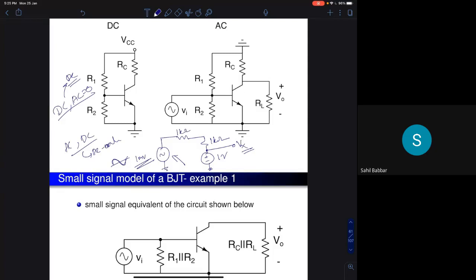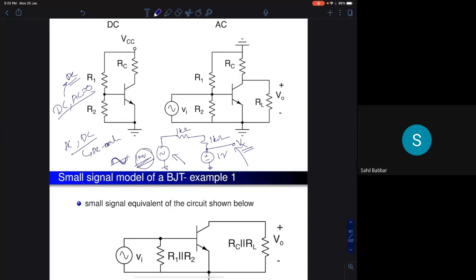So what I'm doing here, as far as AC signal, this node Vx doesn't contain any variations at all. Even though I'm applying a 1 millivolt sine wave, there will be no sinusoidal component present at the node Vx. So as far as the AC circuit is concerned, if I make the DC voltage source 0 here, it will be shorted to the ground.